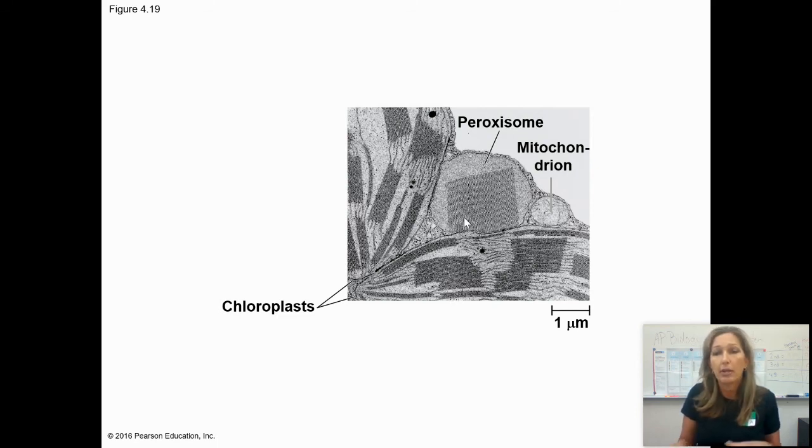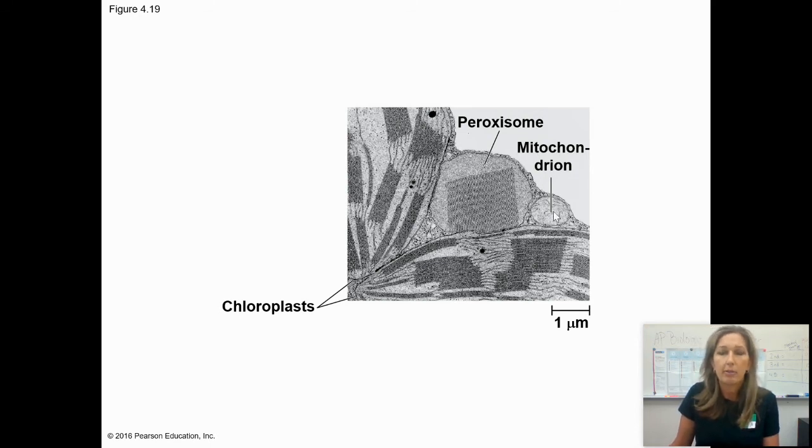Now, I do have one other structure that is necessary for you to know, and this is a peroxisome. Peroxisomes are these membrane enclosed series of enzymes that are going to be found next to mitochondria or next to chloroplasts. You won't have to recognize it in structure because it just looks like a little vacuole or a little lysosome, but this contains enzymes that are responsible for breaking down peroxide.